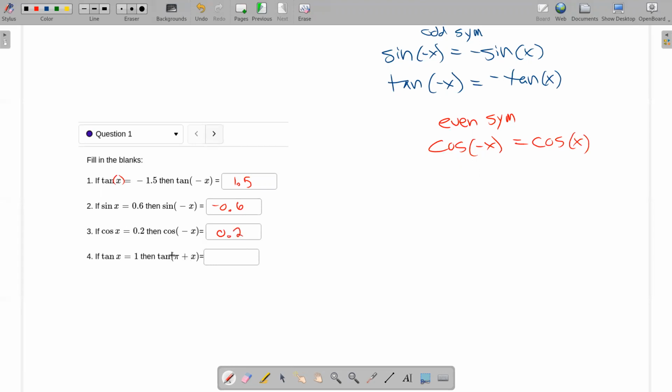And then the pi plus x, we have to think about then a shift of the tangent. What does that do? Well, remember for this one, what's the period of the tangent? It is pi. Definition of a periodic function is if you shift over pi, the same stuff's going to happen. So if the tangent of x is 1, then the tangent of pi plus x has to be 1 as well, because that's the period of this function.